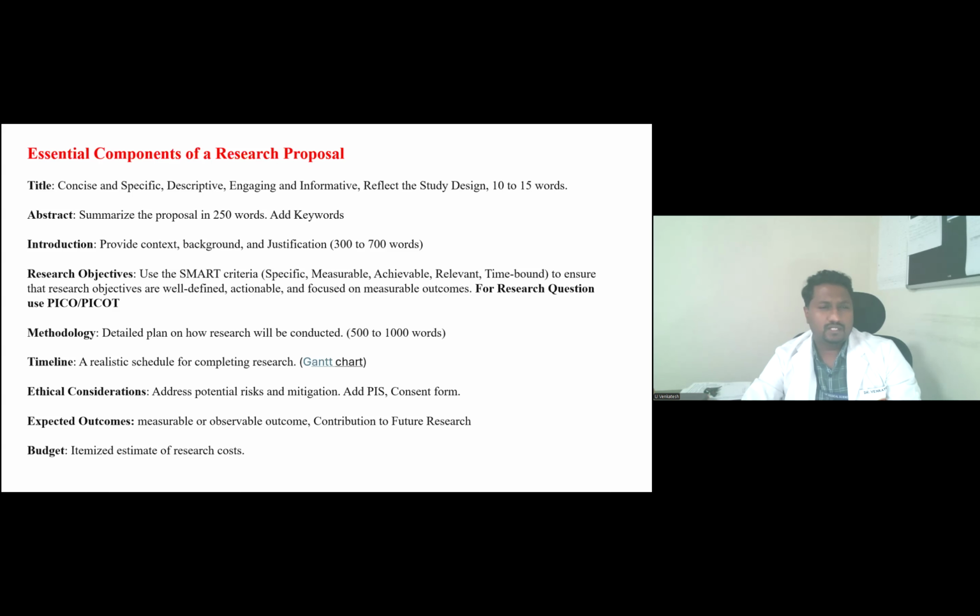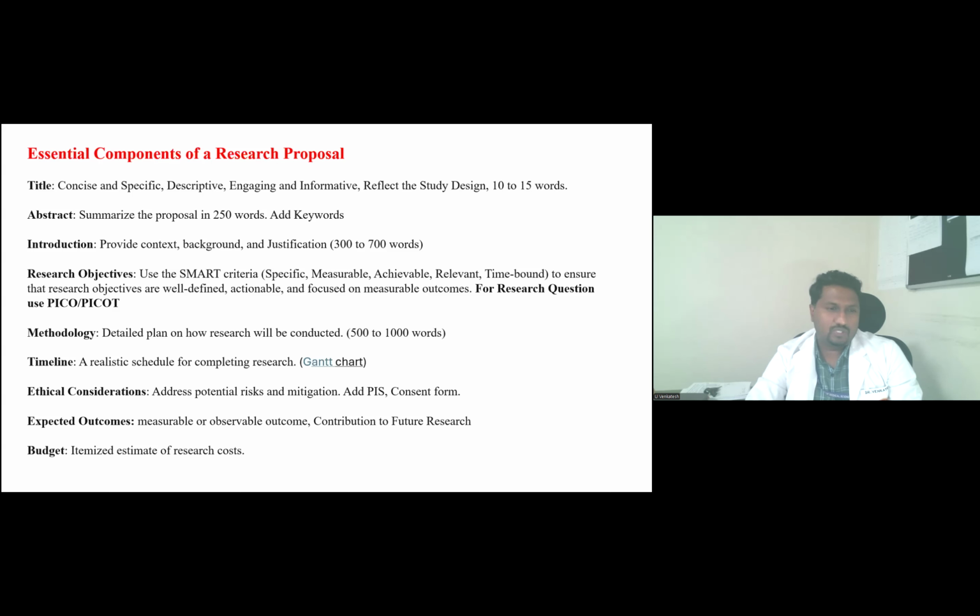Then come the research objective and the research question. For the research objective, we generally use the SMART criteria: S stands for specific, M for measurable, A for achievable, R for relevant, and T for time bound.